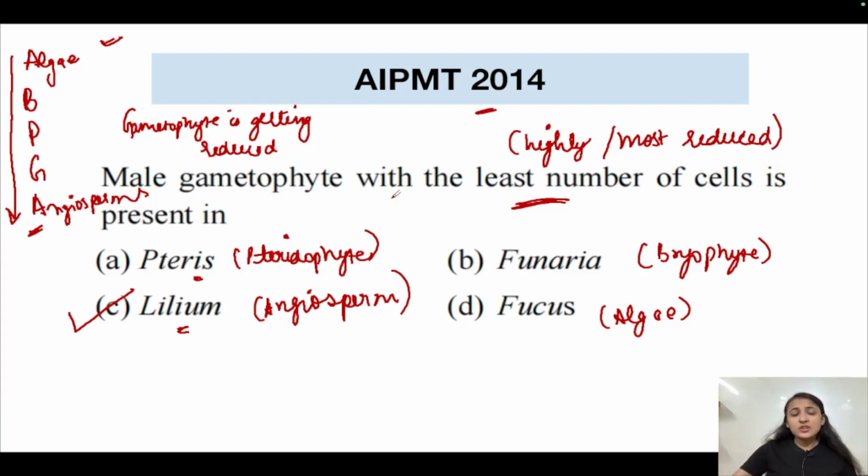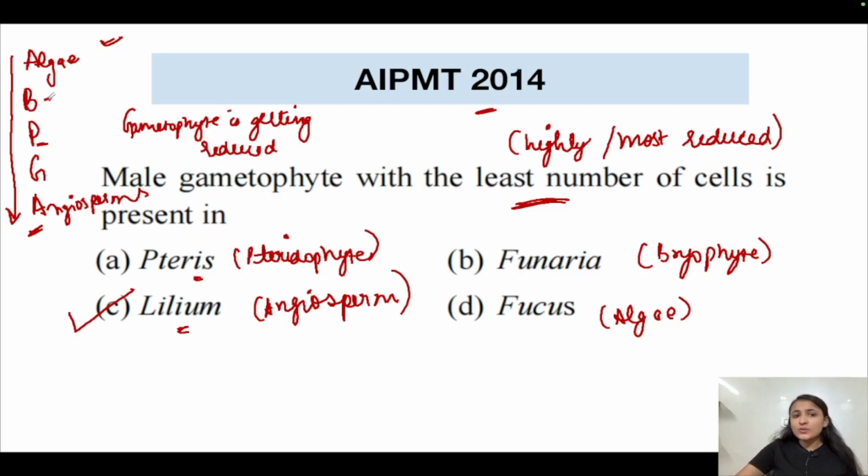But in gymnosperms and angiosperms, finally it is getting reduced up to a stage where it is dependent on the sporophyte. The gametophyte was multicellular up until pteridophytes. In gymnosperms and angiosperms, it became dependent and also highly reduced.